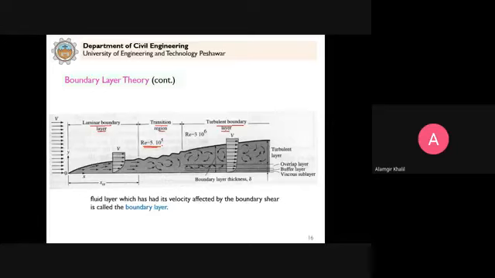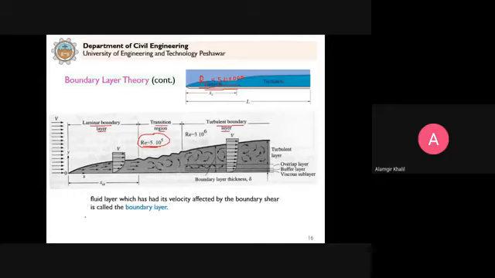This is the value adopted, at which the boundary layer will change from laminar to transition and fully turbulent, that is considered as 500,000. This is the value used for external flows. So the boundary layer will change at 500,000 to turbulent boundary layer. Clear?